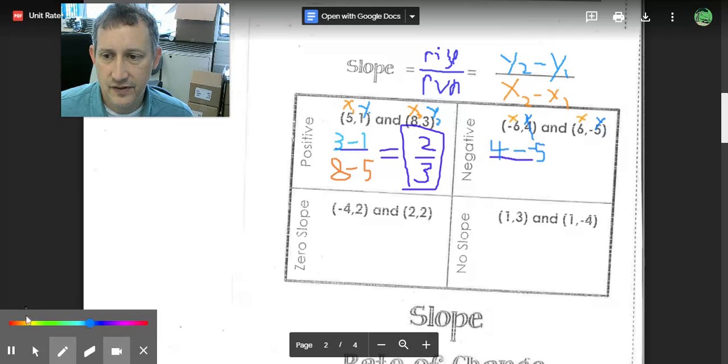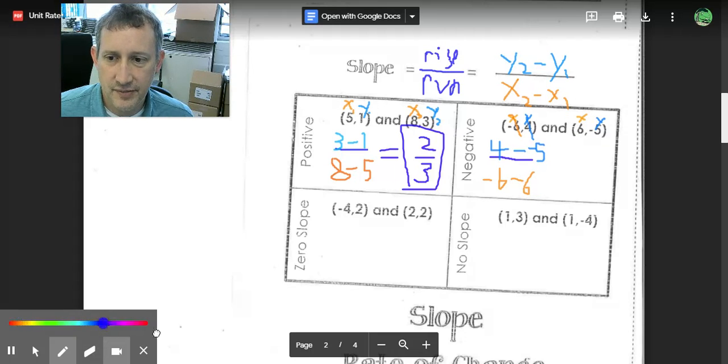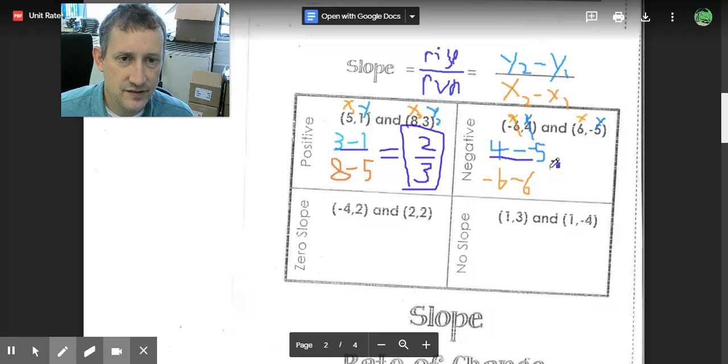And then on the bottom, I'm going to have negative 6 minus 6. Okay, I made a lot of noise when I did that minus and negative. Why did I do that? Because that means you're adding these two numbers. The minus and the negative cancel each other out.